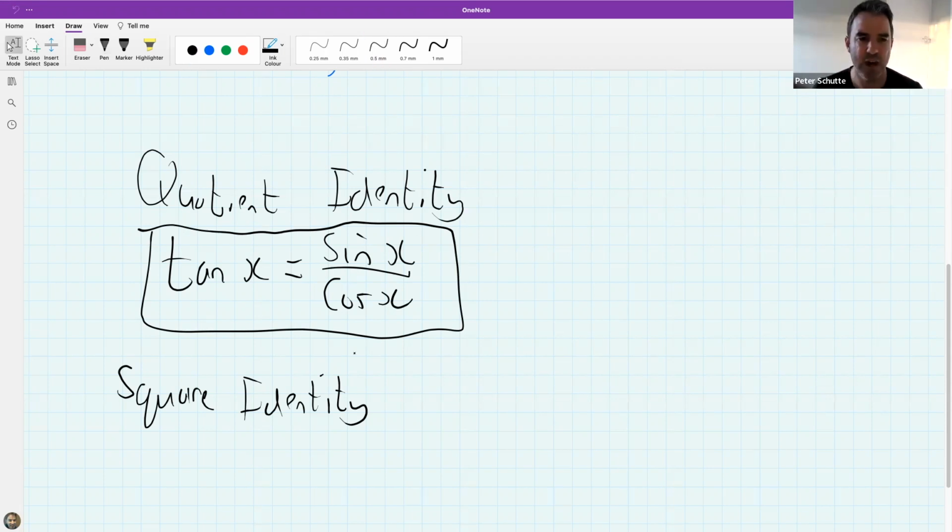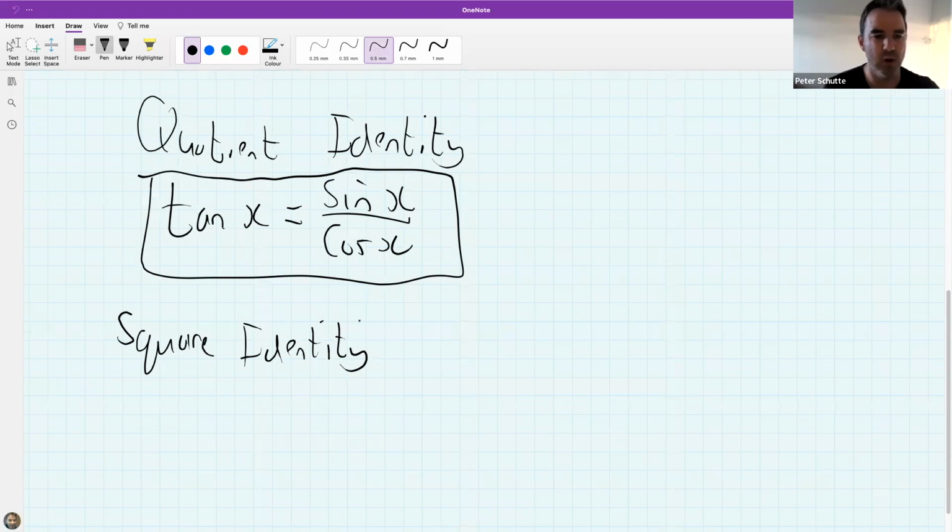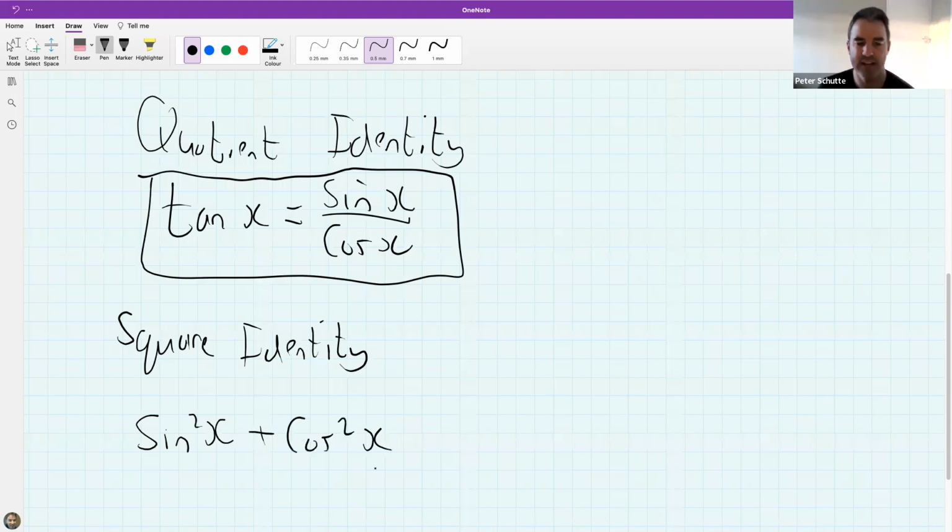Now, what about the square identity? Who knows what the square identity is in trigonometry? There's going to be some squares involved. I'll give you the start. The start looks a bit like that. If I say sine squared x plus cos squared x, Tebogo, what's that going to give me?